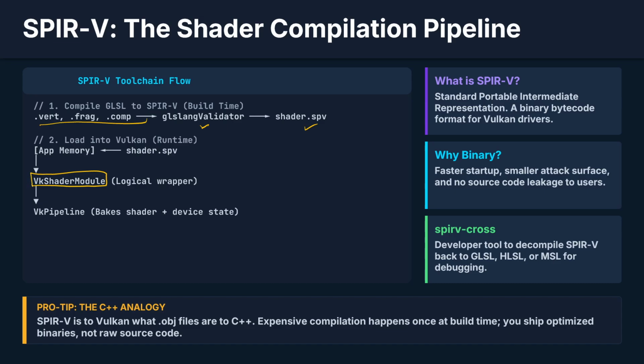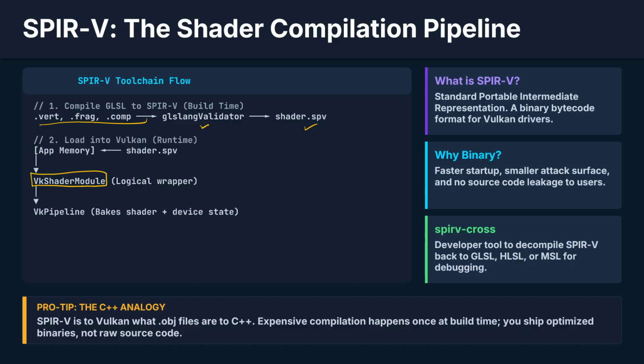From an interview point of view, you may not be required to remember every API, but there are some keywords that should always be on your fingertips. For example, VkShaderModule: what it does is use the .spv and create a shader module.